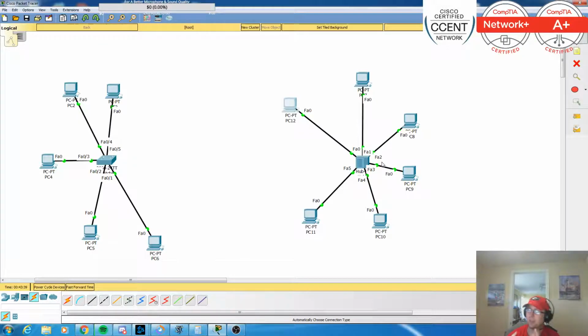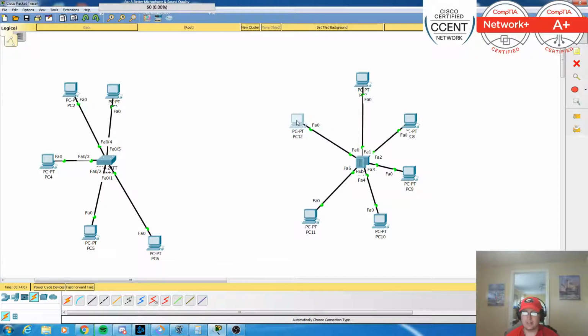It knew where to send something into which port once it's built its MAC address table. Well, a hub doesn't. So when you ping, it actually goes to all PCs the entire time, and only the PC that it's trying to contact will respond. Where a switch, the first time it might go to all the PCs, but after that, it will directly connect between the two by the switch.